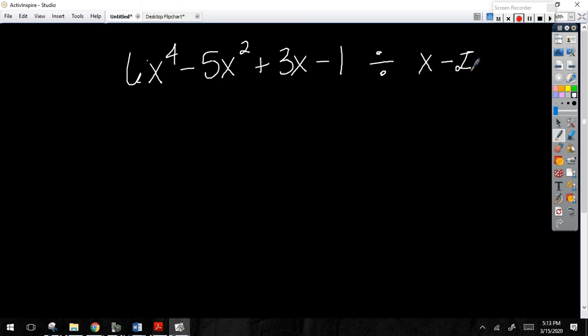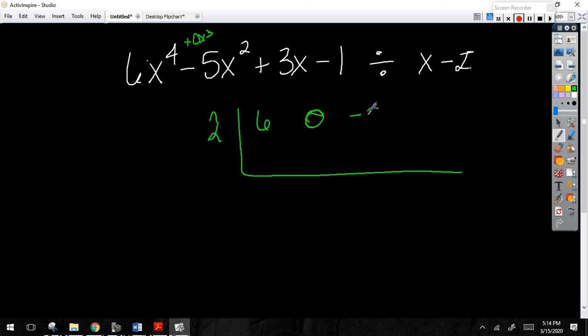All right, so outside the parentheses, remember I need to change the sign of the number, so I need to do a positive 2. And what I'm going to do is my upside down parentheses, and then I'll just do my coefficients. Oh, and look what I forgot. I do need a placeholder here for a power of 3, right? So I have 6, 0, negative 5, 3, and negative 1. See how that placeholder works there?